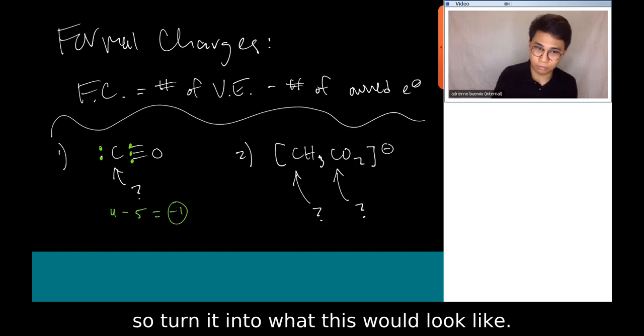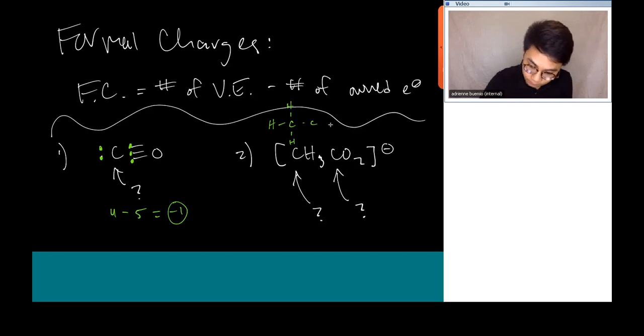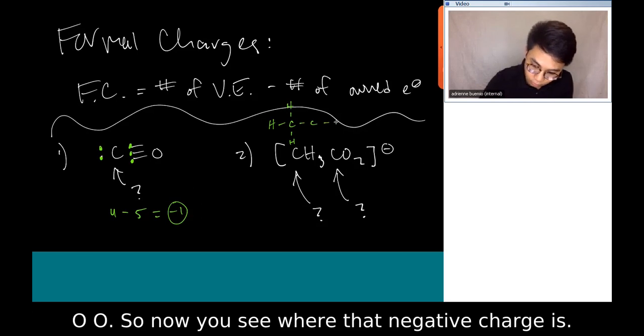So let's turn it into what this would look like: CH3, with H, H, H, then C, and then 2 oxygens.